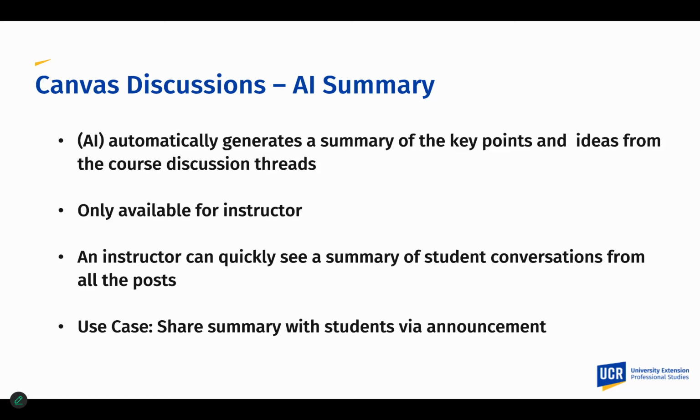It will give you a quick summary, an outline of what the students talked about, and you could use that information to bring it up at the next class meeting. Yep. Based on your discussions, these are the things that you care about, or you don't care about, or these are the things that we should explore, right? So as you can see, the AI is slowly being integrated into the tools that we are already familiar with. Go ahead, Ann.